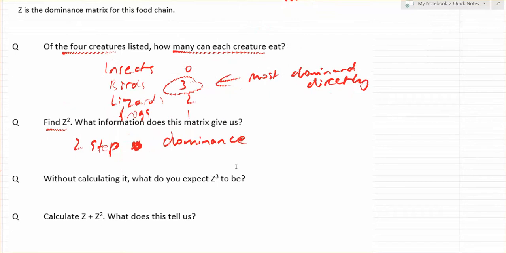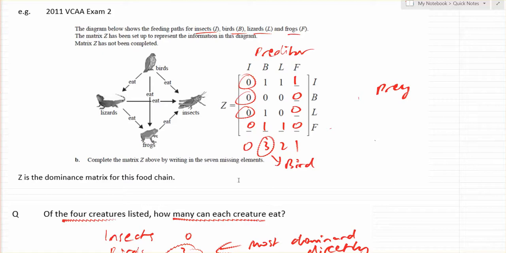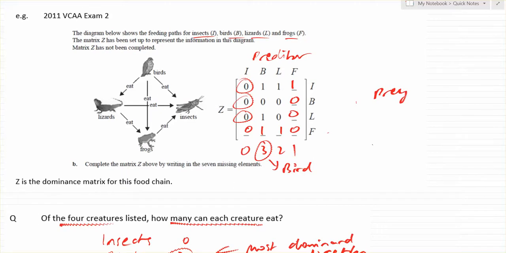Without calculating, what do you expect Z cubed to be? Three-step dominance means it has to be dominant through 2 things. Birds are three-step dominant because they're dominant over lizards, which are dominant over frogs, which are dominant over insects. So this is a 3-step path. Birds are 3-step dominant over insects.